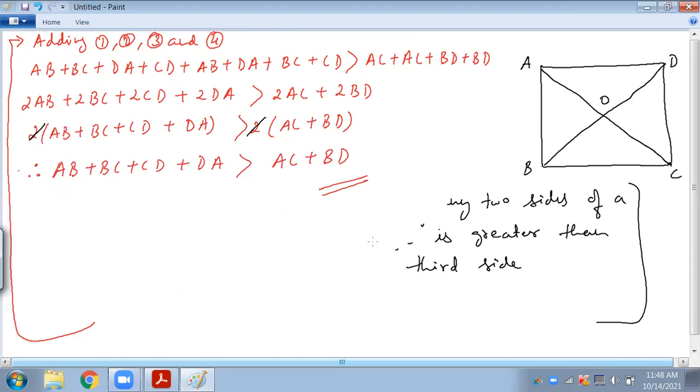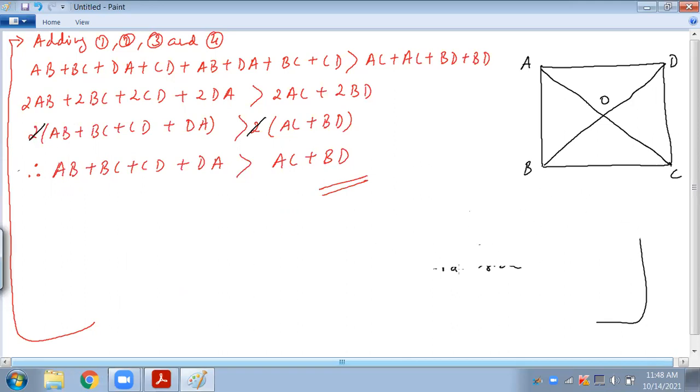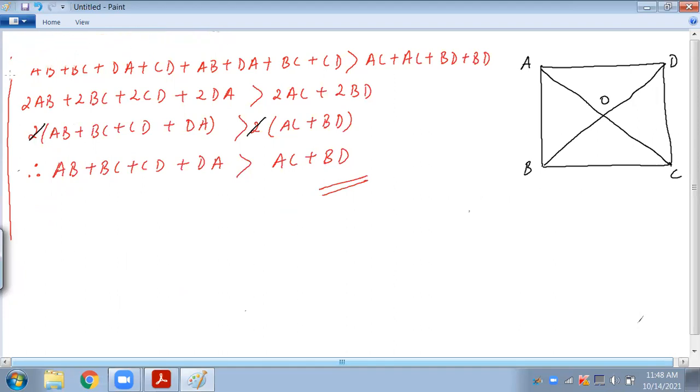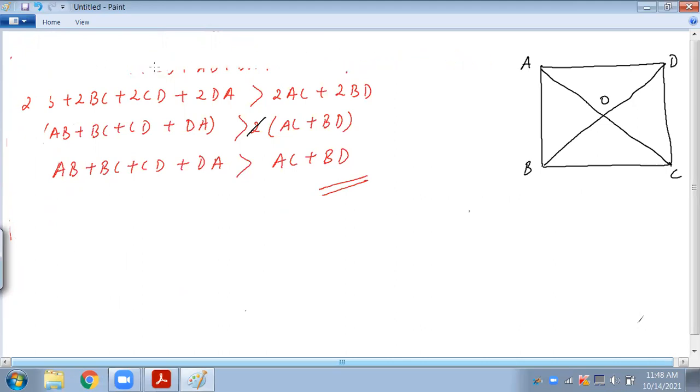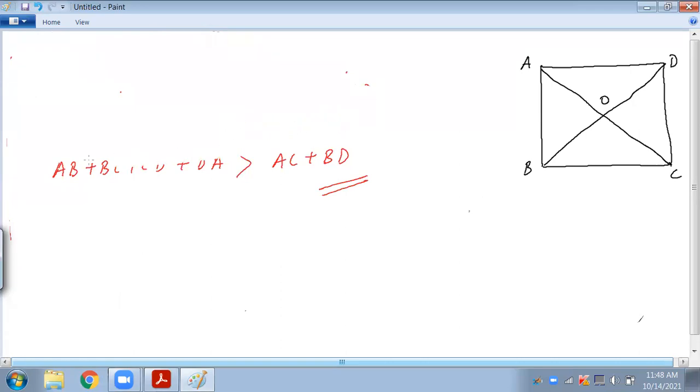Now we'll show the proof of number 2. Okay, I will rub this because I need space. Okay, number 2 proof.